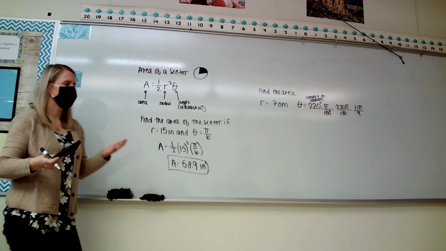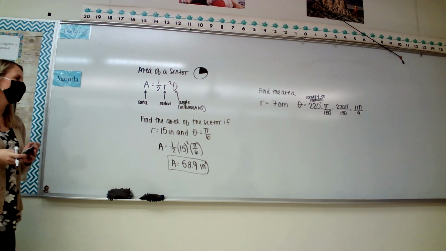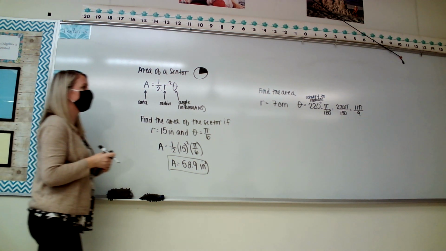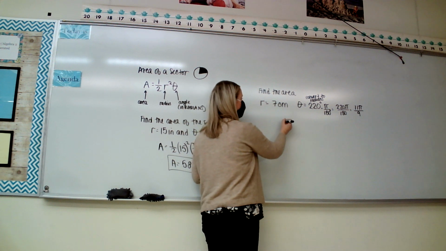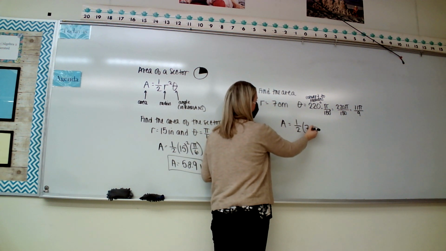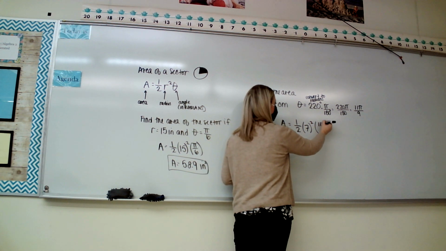So if you're in this chapter and you're plugging into a formula, if it's in degrees, you're going to have to convert it, just as a heads up. But from there, it's just throwing what you got into the formula. So A equals 1/2 r squared, and then theta in radians.